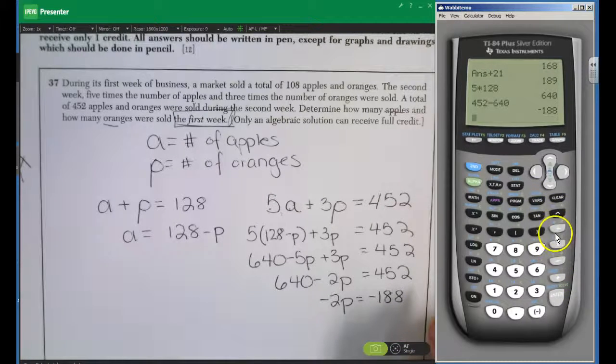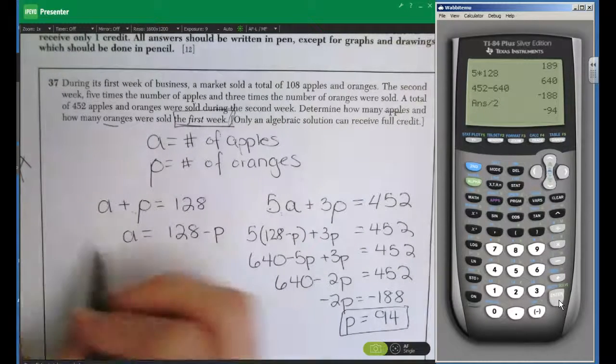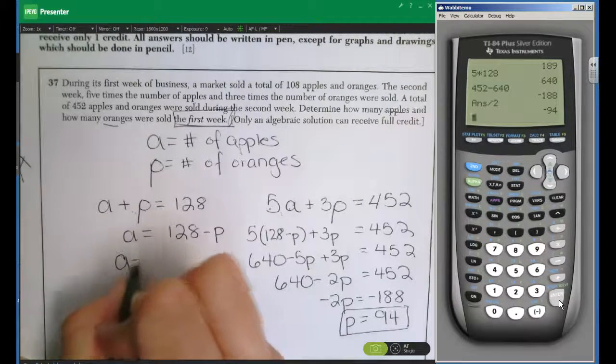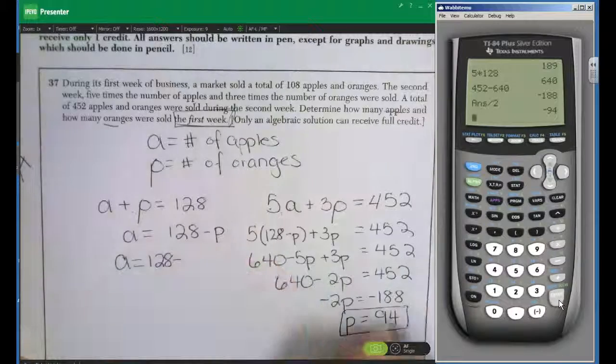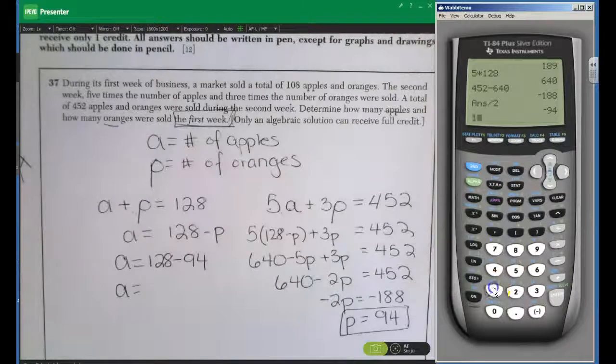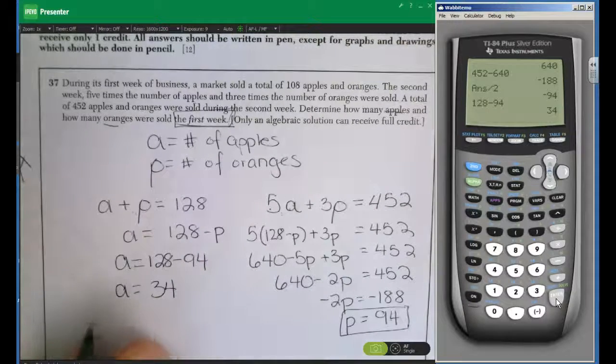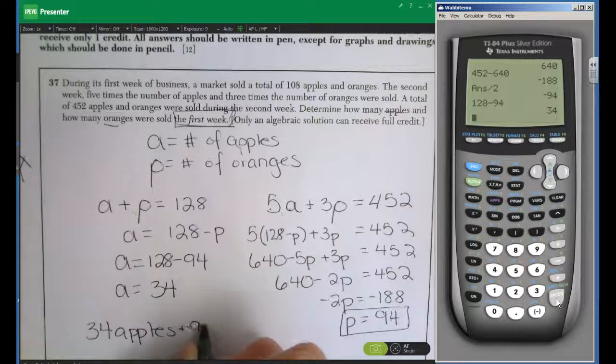Divide both sides by negative 2, so I know it's positive 94. That's what P equals. Now we go over here, and we know A equals 128 minus the 94. 128 minus 94 is 34. So we can say 34 apples and 94 oranges.